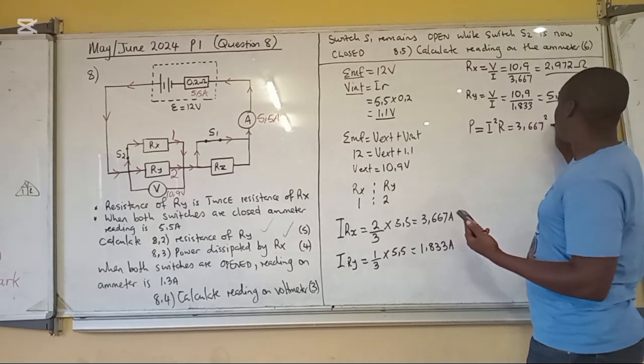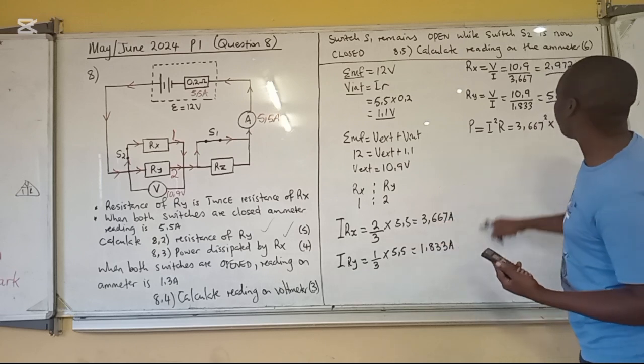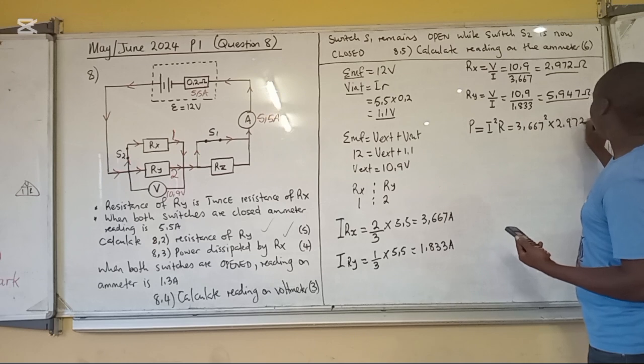We square it and multiply by the resistance of Rx, which is 2.972.